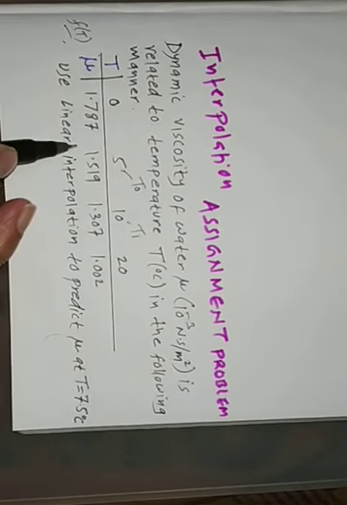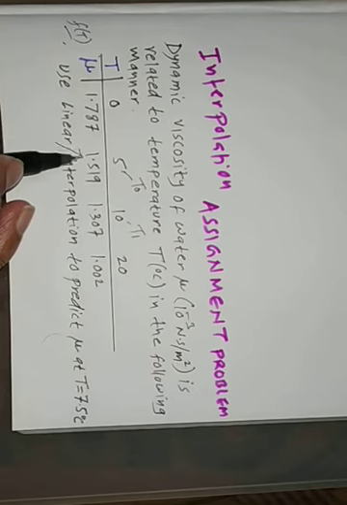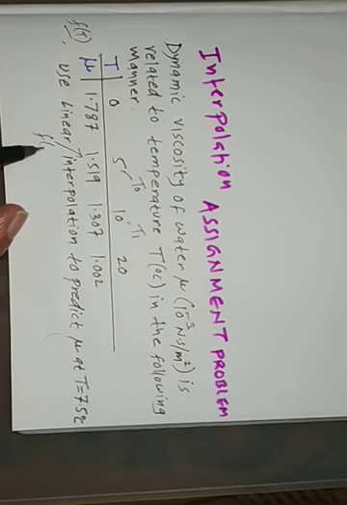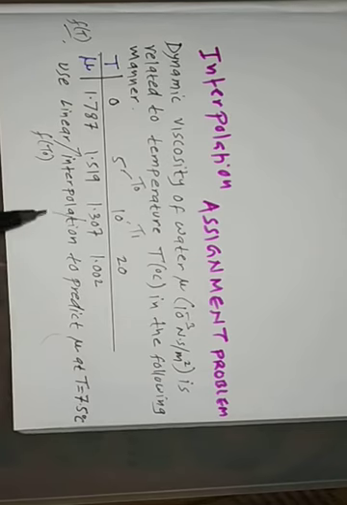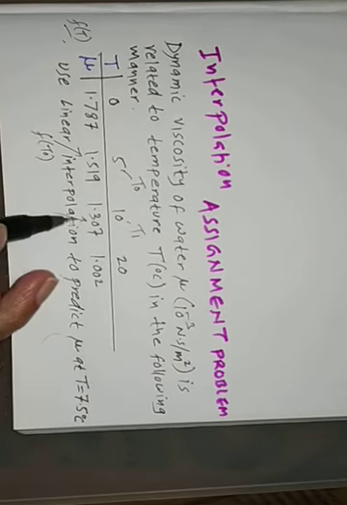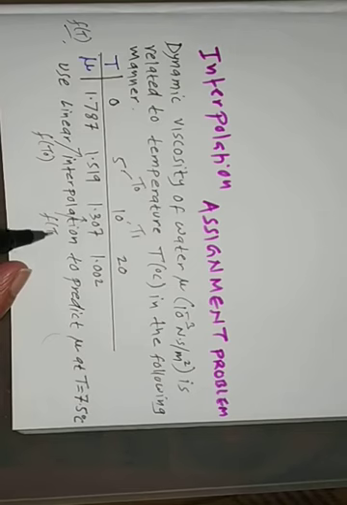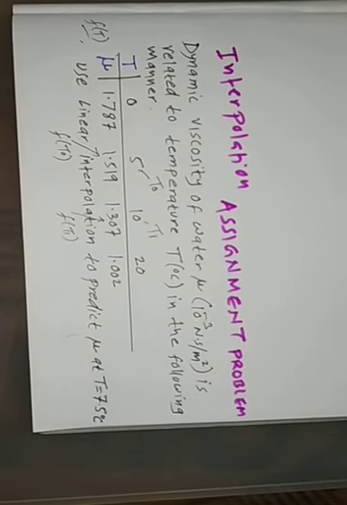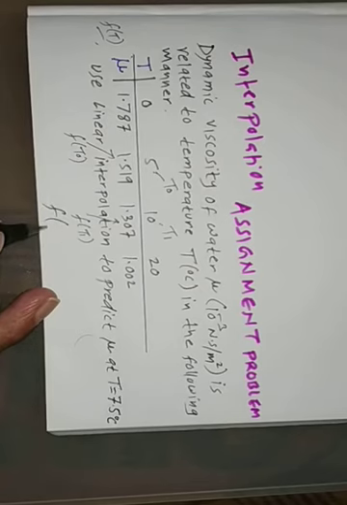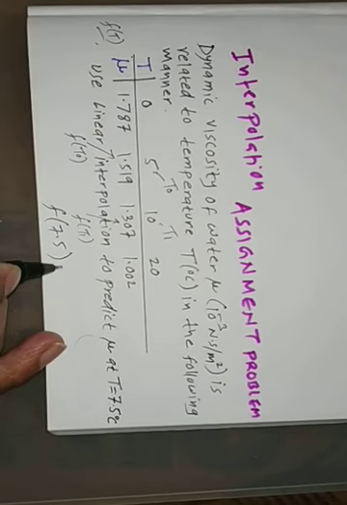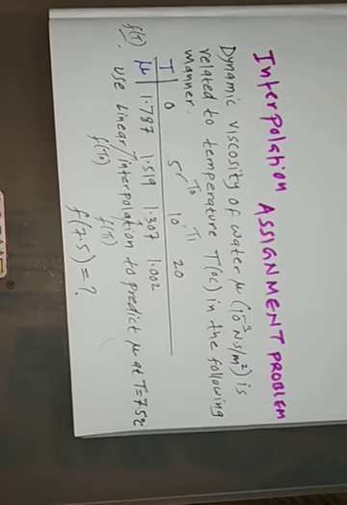So 1.5 will become f of t0 and 1.307 will become f of t1, and we are interested in f of 7.5. So find out the value.